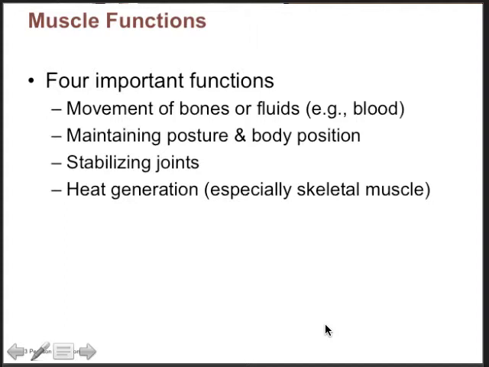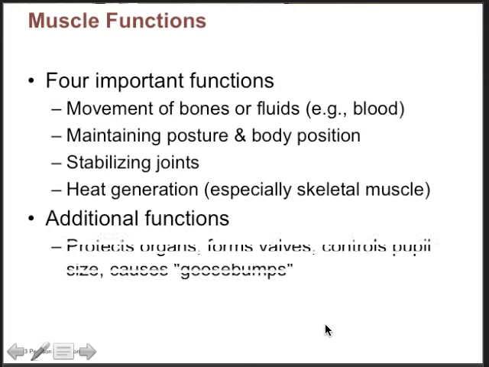Okay, we call that shivering thermogenesis, and that's one of the body's ways to try and maintain a constant body temperature. We can't let our body temperature get too high or too low, otherwise cells will die, tissues will die, and then ultimately you will die.